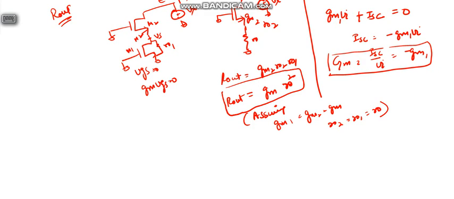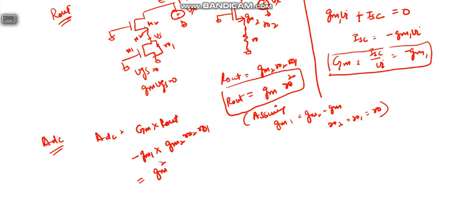Now the DC gain, ADC, is given by the Gm of the circuit and the output resistance of the circuit, which is Gm1 into Gm2 Ro2 Ro1, equal to Gm squared Ro squared. So this is the DC gain.